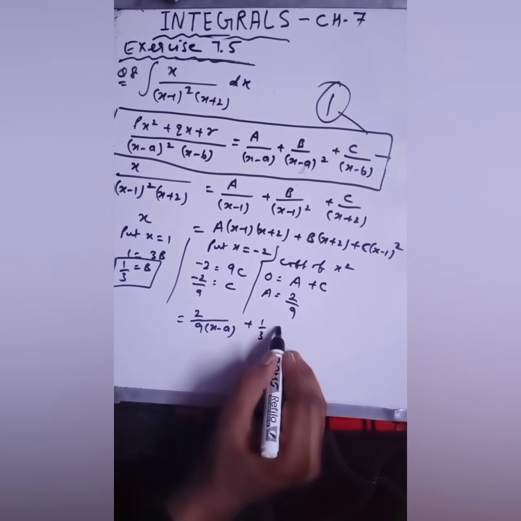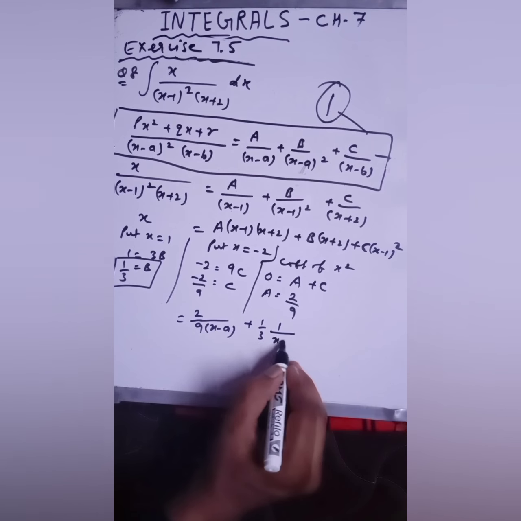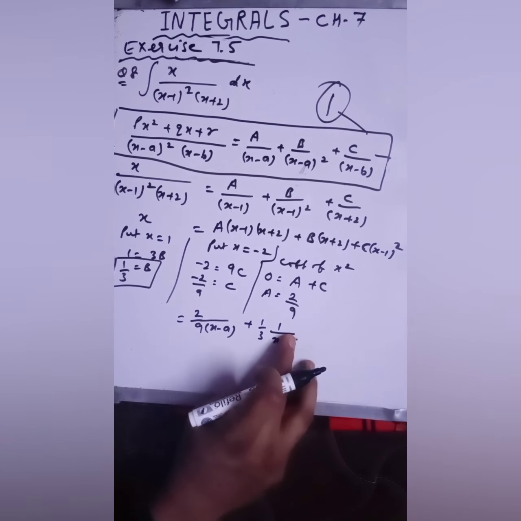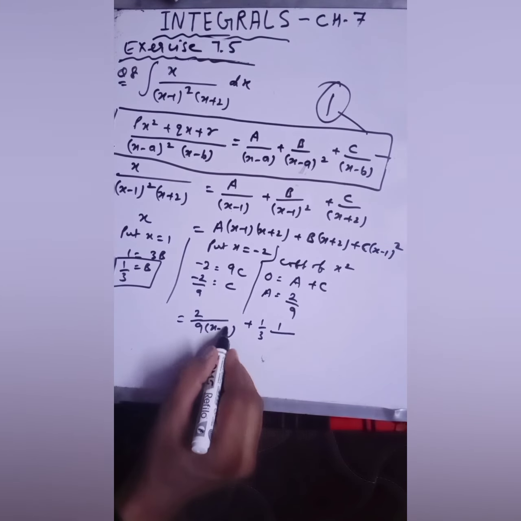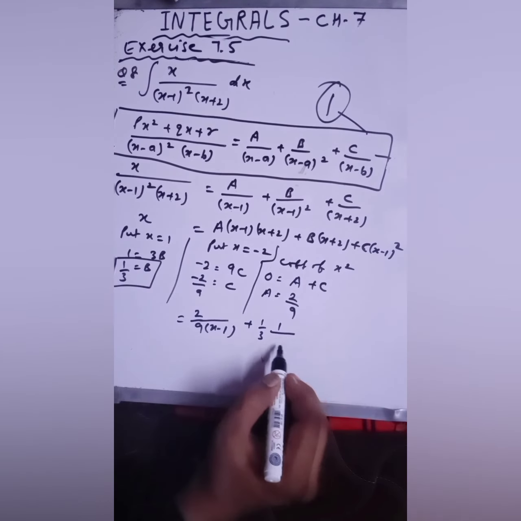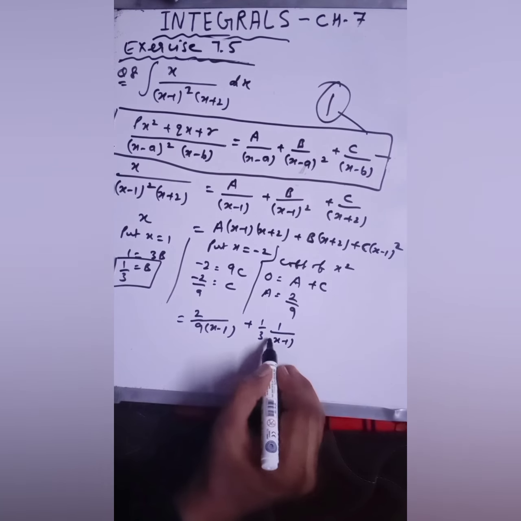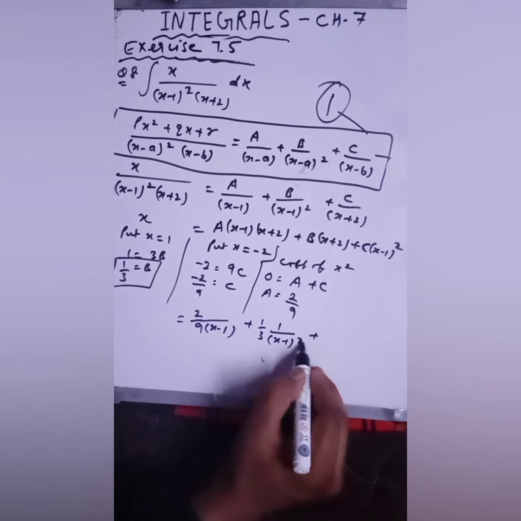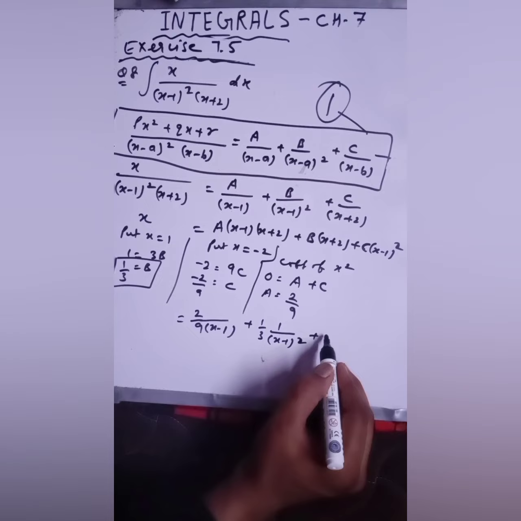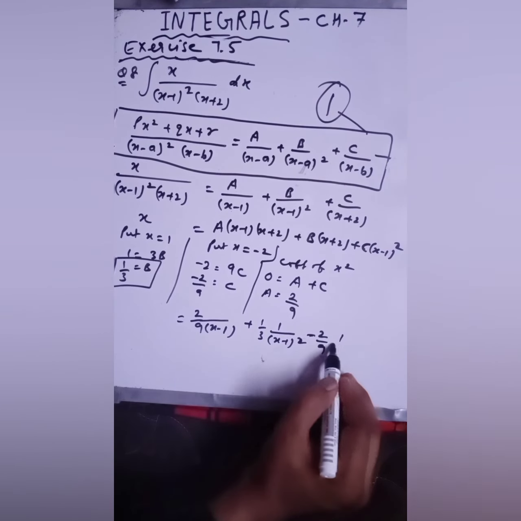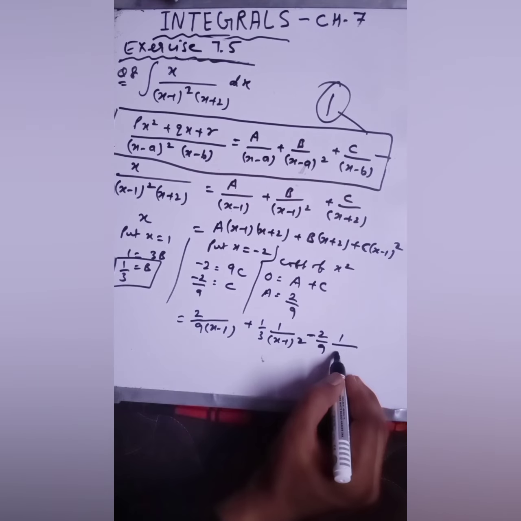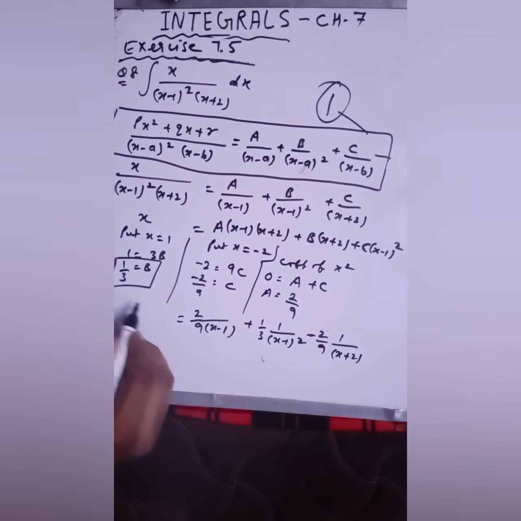So 1 by 3 will come, that is 1 over x minus 1 whole square, plus your c was minus 2 by 9, that is over x plus 2. And on the left hand side, you have to write this.